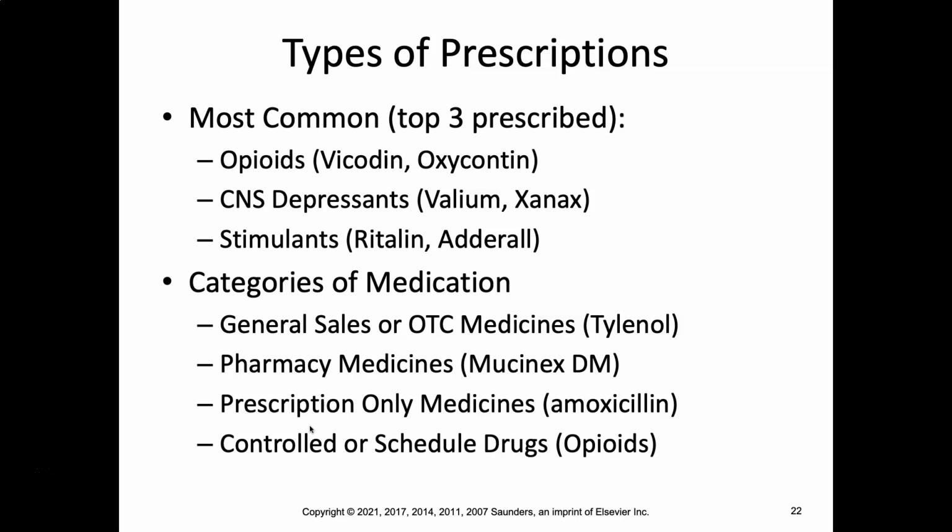Week 4, we'll talk about controlled or scheduled drugs, and we'll go into that in depth. Because yes, you have to have a prescription for those, but there are some additional hoops to jump through. So prescription-only medications and controlled or scheduled drugs, you have to have a physician's prescription to obtain. They are kept in the pharmacy and only dispensed appropriately. For controlled or scheduled drugs, there are some additional hoops you have to jump through in order to obtain those.